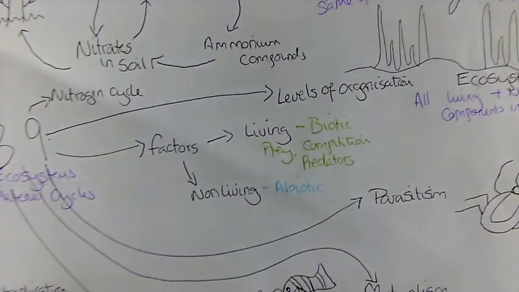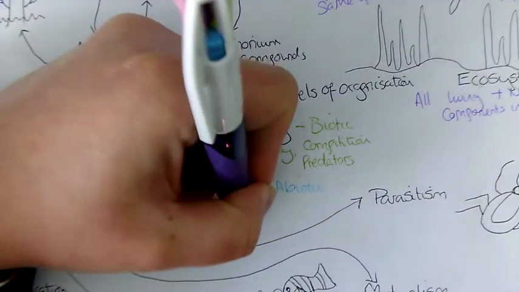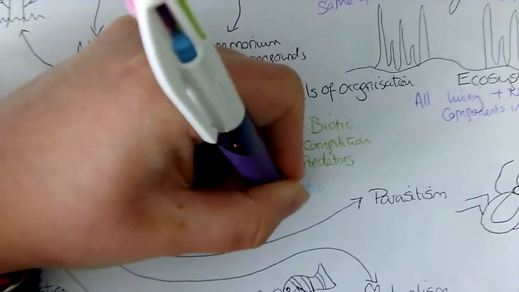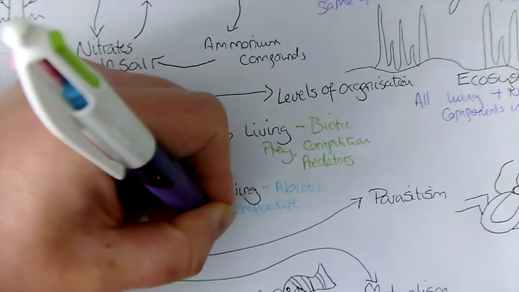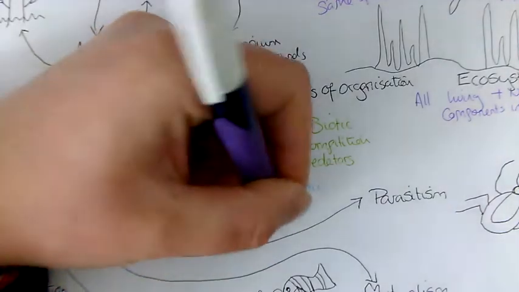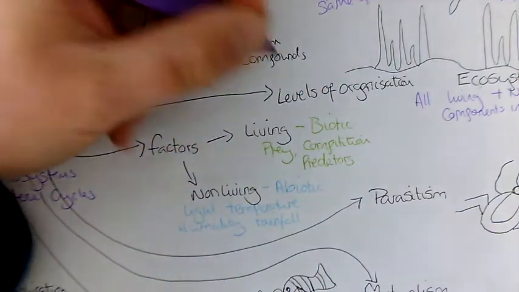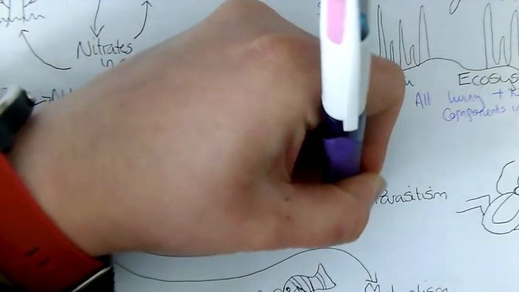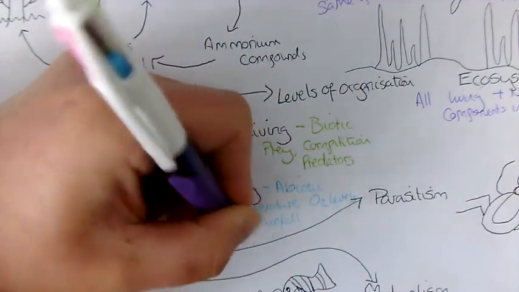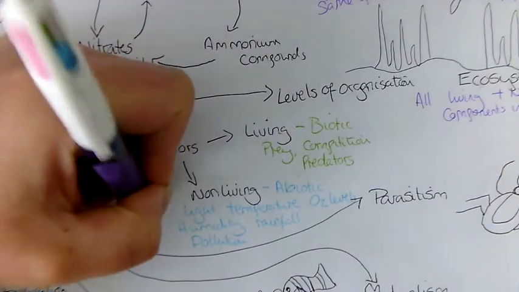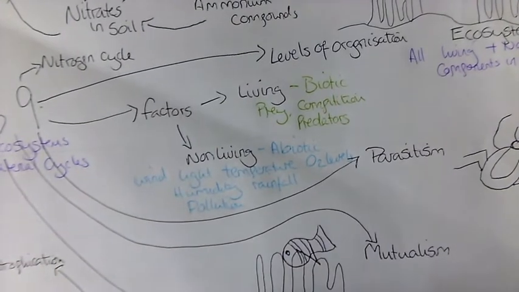Abiotic factors are things like light, temperature, humidity, rainfall, oxygen levels, pollution, wind, anything that is non-living.